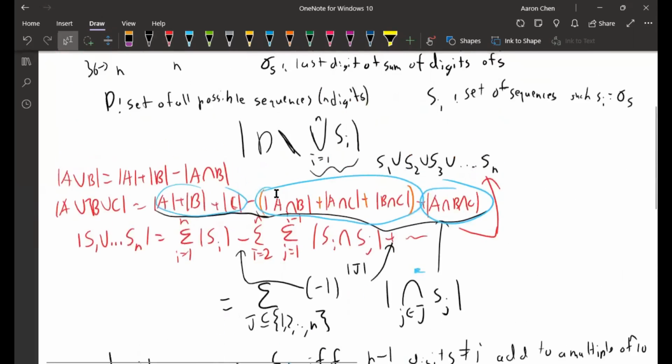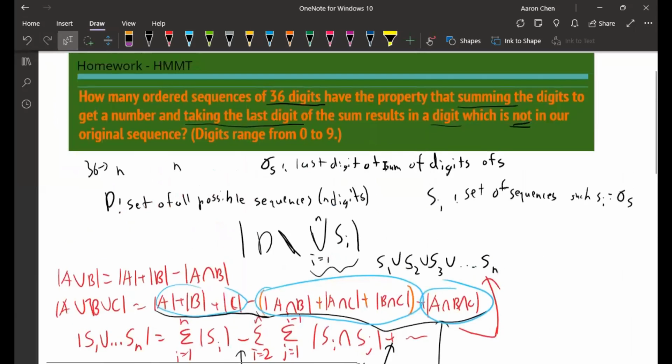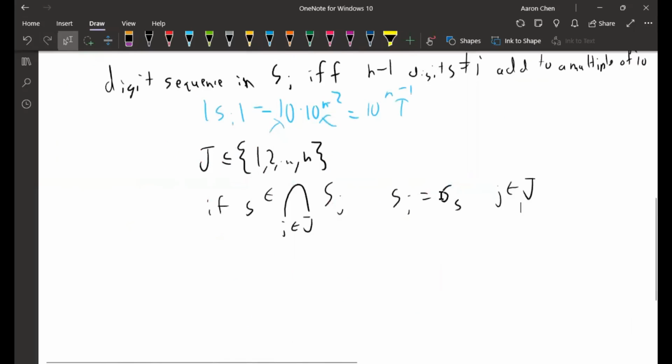So if you forgot what omega is here, we defined it to be the last digit of the sum of s. Also these are all j's. And so there are 10 ways to determine this, and that determines the S_j.